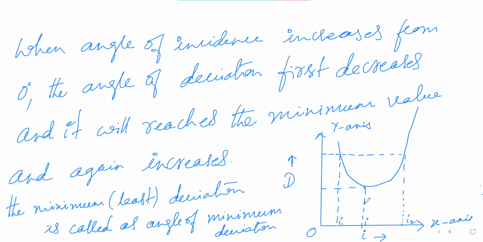We can see here, that is called as angle of minimum deviation. So this is D, and we'll take it as D here.